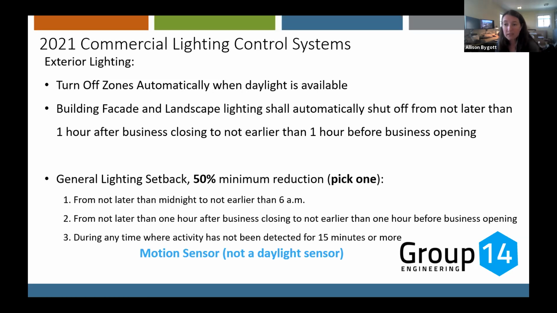Once in a while, I see designs saying that you can do that with a daylight sensor, and you can't do that with a daylight sensor. You have to have different wiring, or you have to have occupancy sensors. Daylight sensors cannot create a 50% reduction. This reduction used to be 30% in the 2021 codes. It's now 50%.